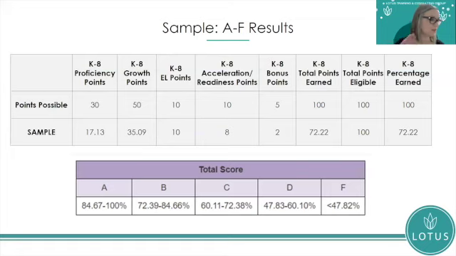So again, you can see this whole big picture. While it's pretty aggregated, there are still some places where we know we need to investigate, and we can build some momentum with especially our school teachers and our leaders to realize that these are fractions of points compared to the number of points that we have available to us to earn. So, questions just looking at the sample A through F?